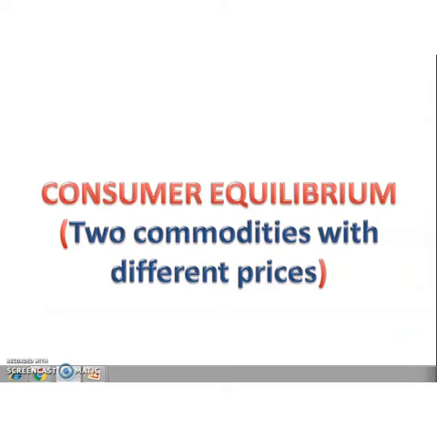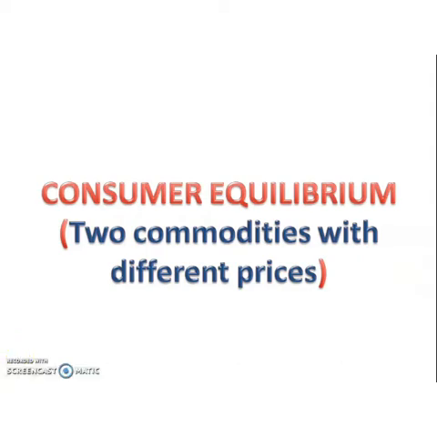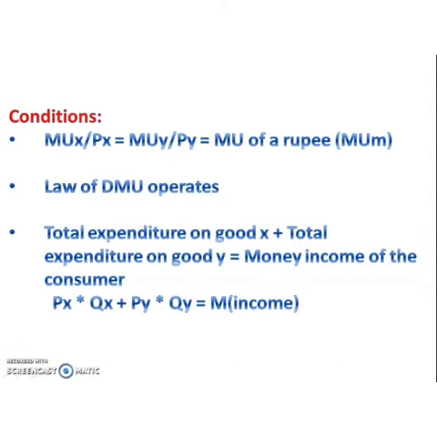Consumer equilibrium in the case of two commodities with different prices. The conditions are the same as for two commodities with the same price. So what are the conditions? The first one: ME of x divided by price of x is equal to ME of y divided by price of y, that is equal to ME of a rupee, that is ME of m.